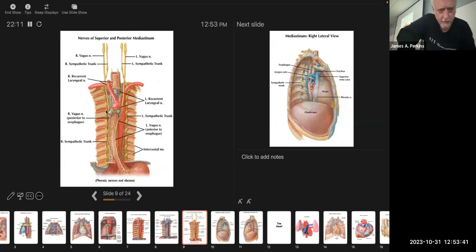And if you look very closely at the image, there are actually little connections between each one of these sympathetic ganglia in the thorax and the intercostal nerves. At every single vertebral level on both the left and right, there are little connections between the ganglia and the intercostal nerves. We'll come back on Thursday and talk in a lot more detail about what those little connections are and what they do.